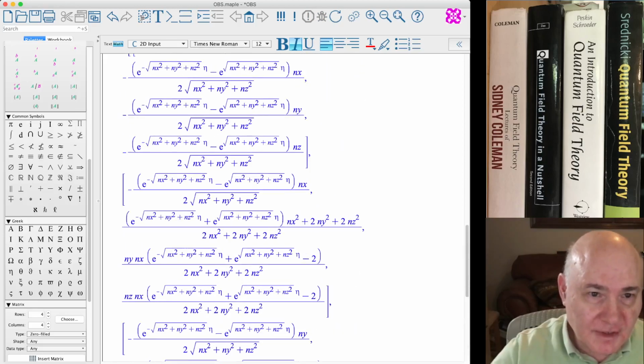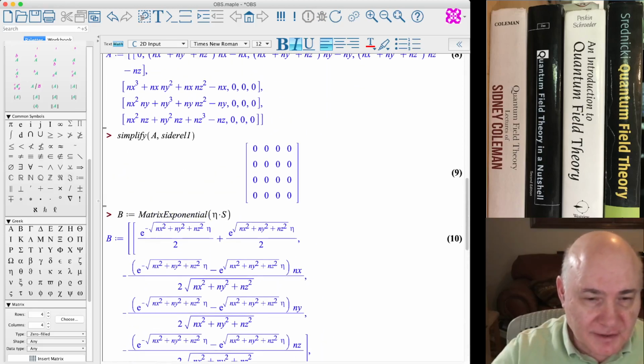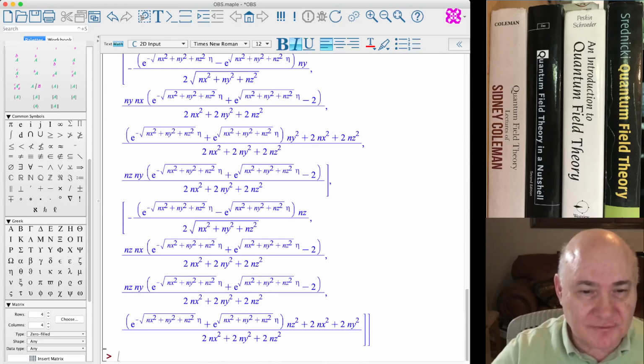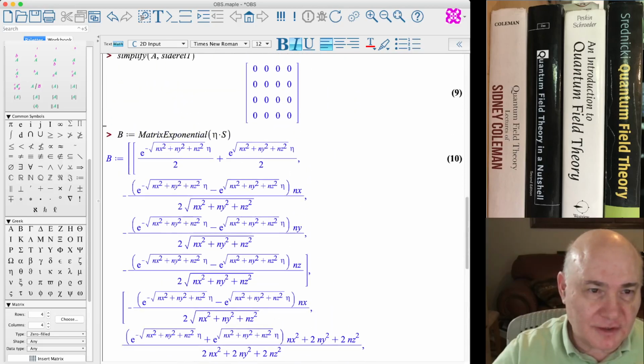So, as usual with software, oftentimes you get long expressions. Sometimes they can go on for 100 pages if you've done something wrong. In this case, we haven't done anything wrong, but it just needs to be simplified. So, let me just make sure I assign it to B.